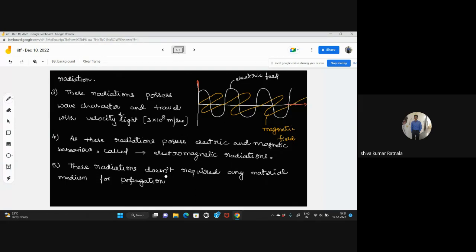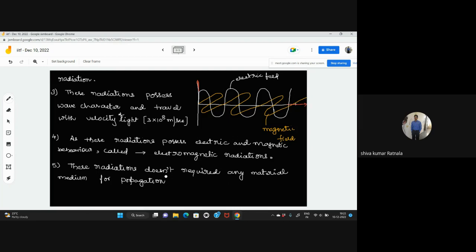So in this theory, any radiations, whether light or heat or electric, will come in a continuous manner. When they are coming, they are going to have wave character as well as electric and magnetic behavior. Fields are going to be produced, and because of these fields, those radiations are called electromagnetic radiations.